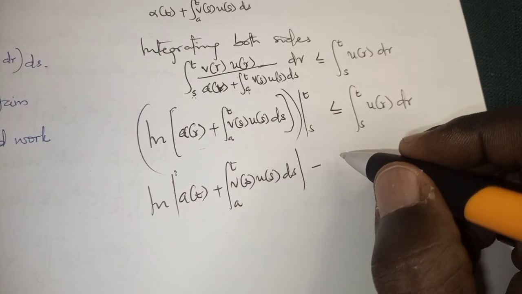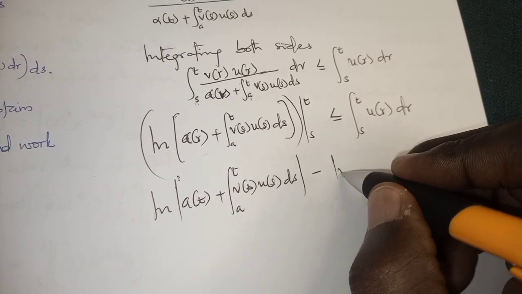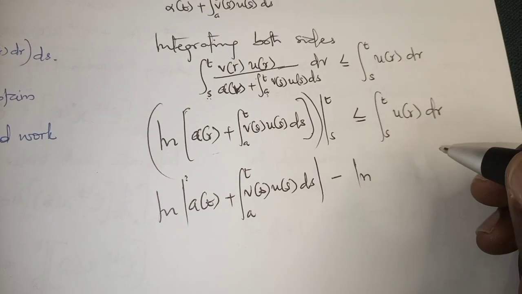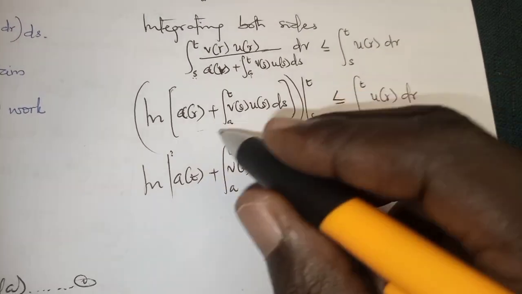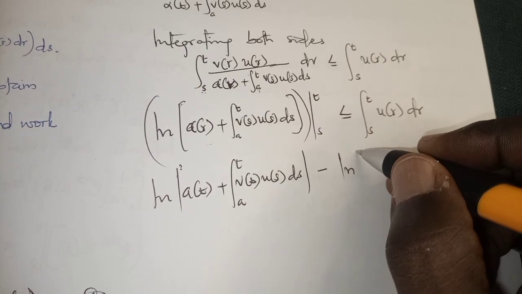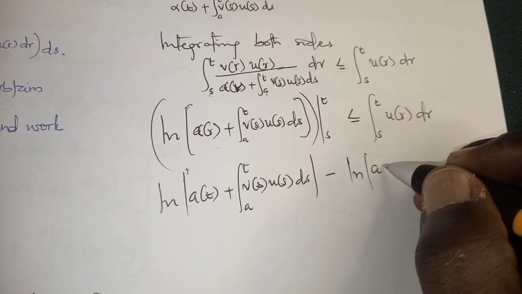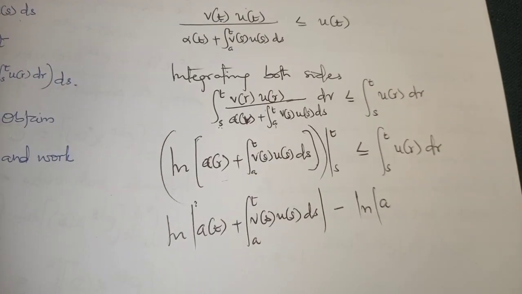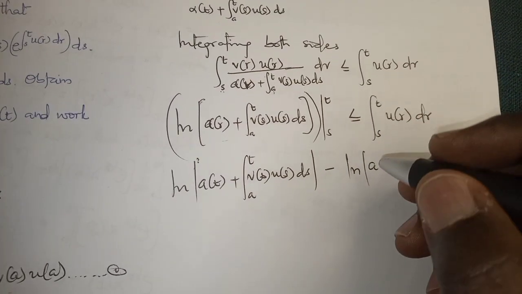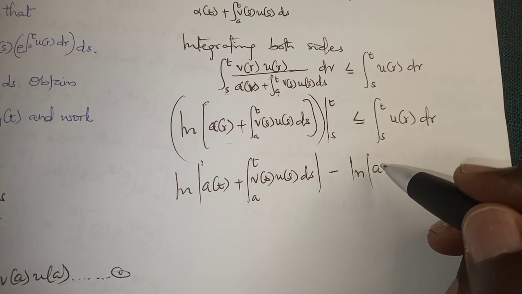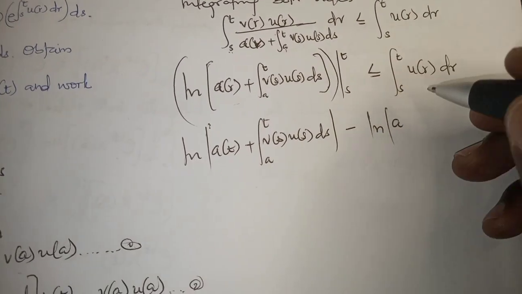So we have the ln, okay, so the ln of a. So here we will have ln a alpha s.